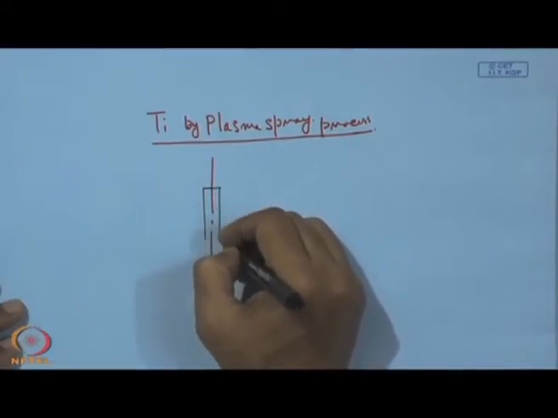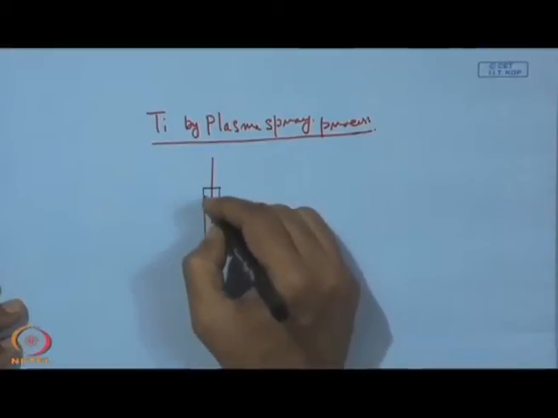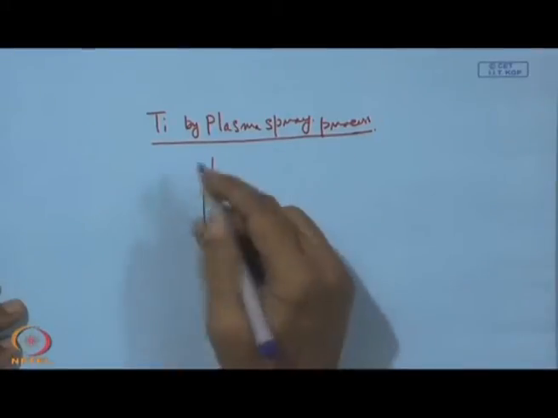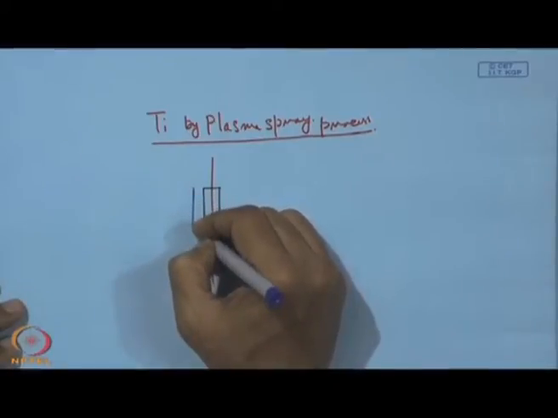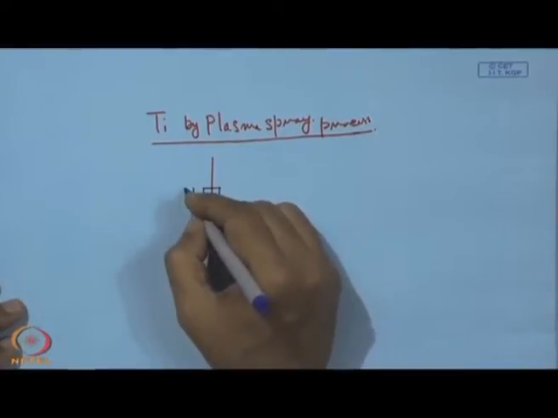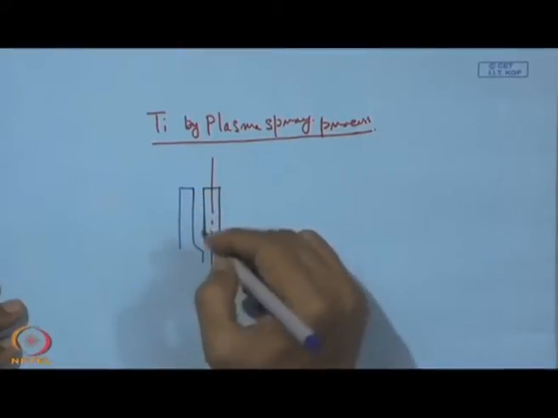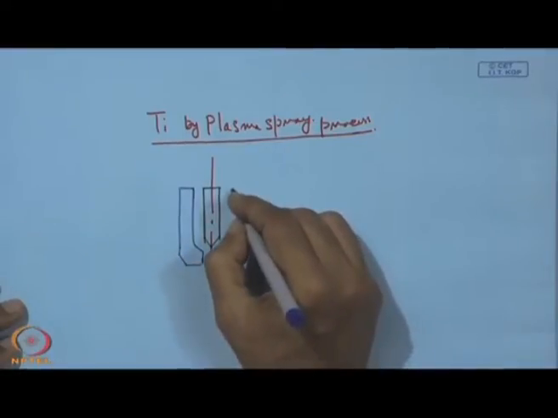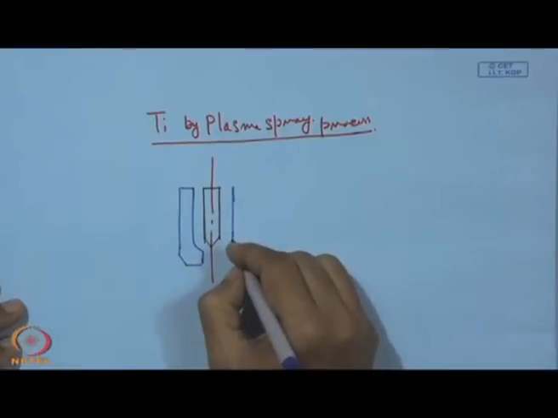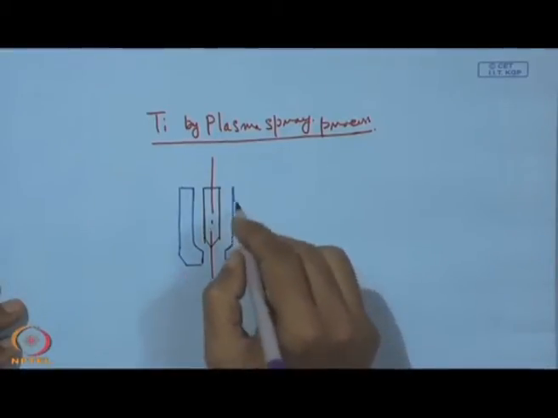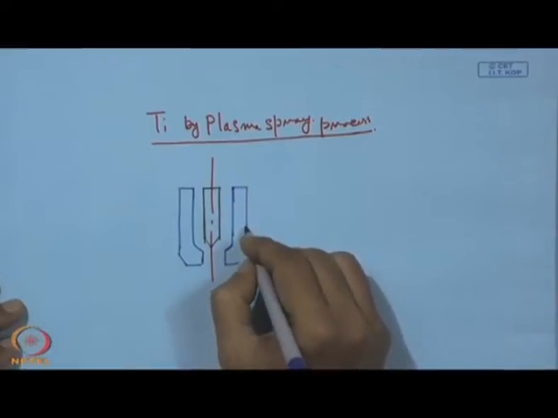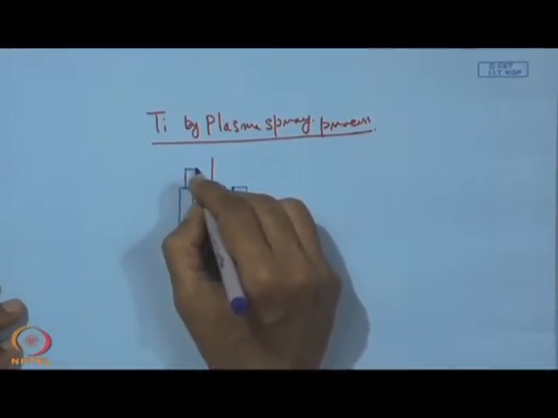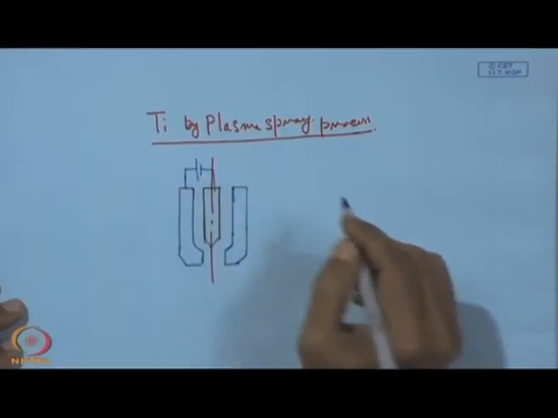We have the centrally located cathode, and so this way we have the anode cathode combination.